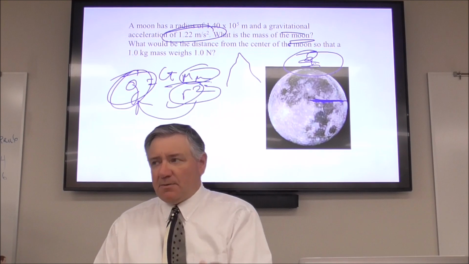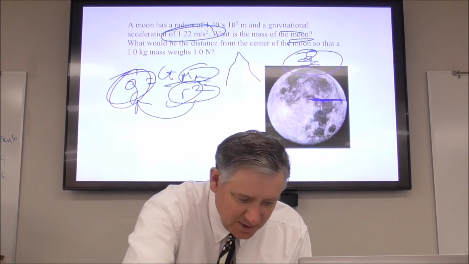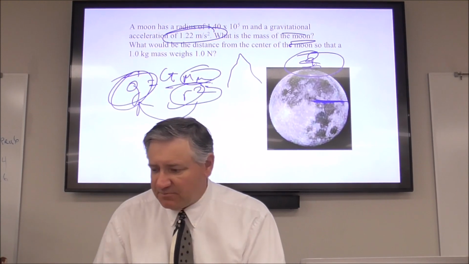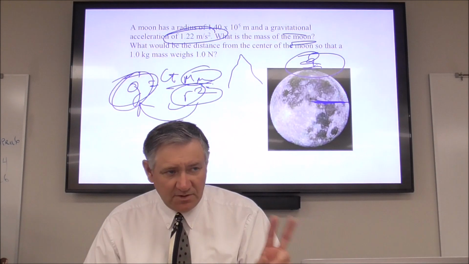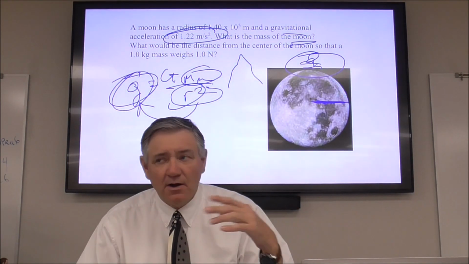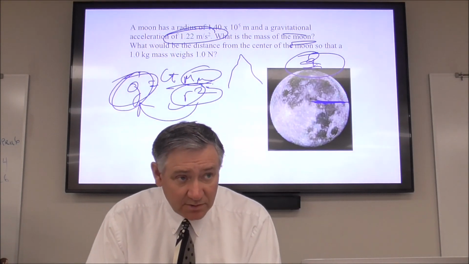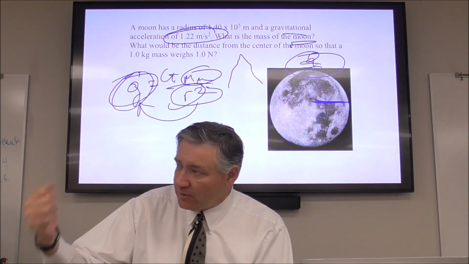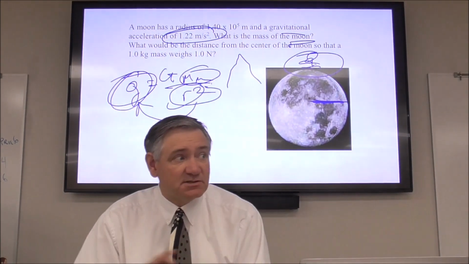So if I drop this big massive steel marble, or if I drop this piece of plastic, that calculation of little g only depends upon two things: the mass of the Earth, or the mass of the moon, or whatever you're falling towards, and how far you are from that center. The mass of what you drop doesn't matter.